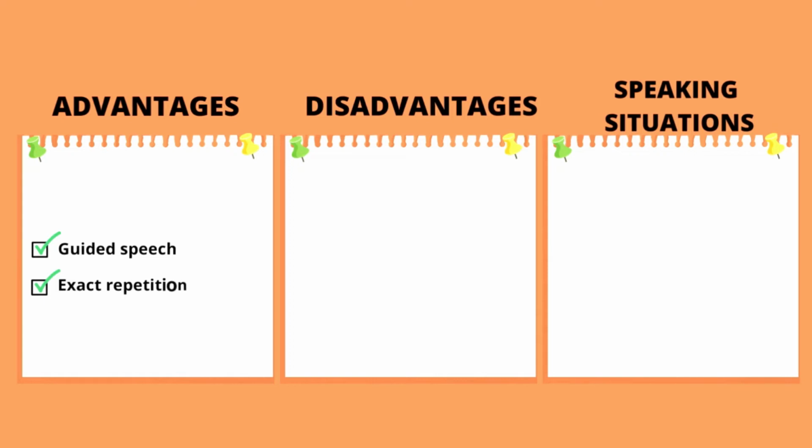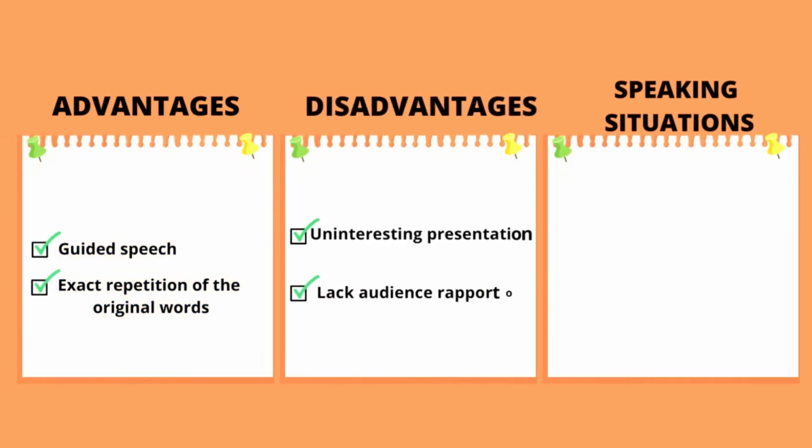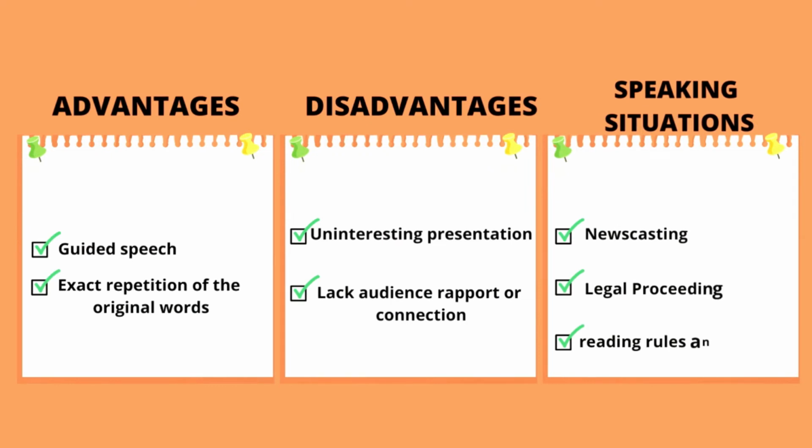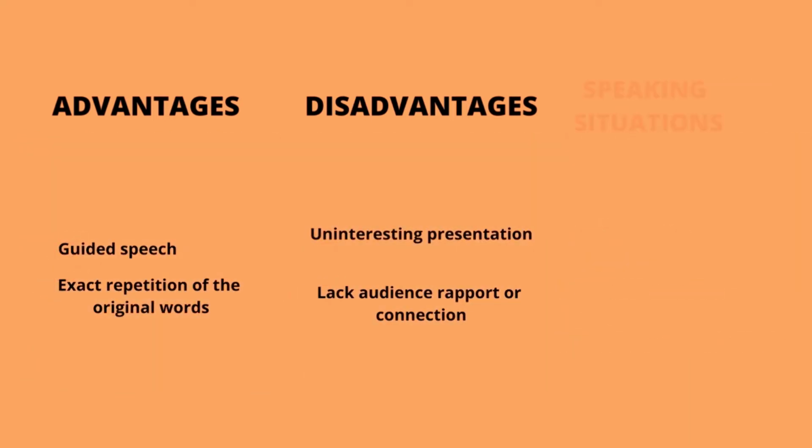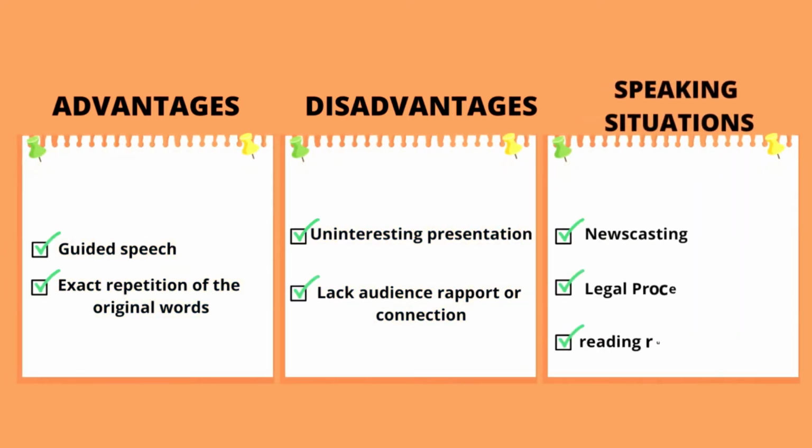It is guided speech and exact repetition of the original words. Disadvantages. It is typically not an interesting way to present because it lacks audience rapport or connection. Speaking situations. Newscasting with a teleprompter or an autocue device. Legal proceedings in court, and reading the rules and criteria in a contest.